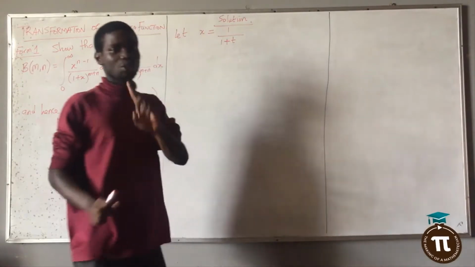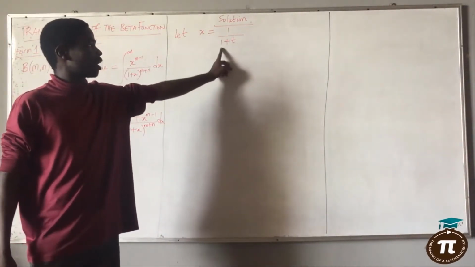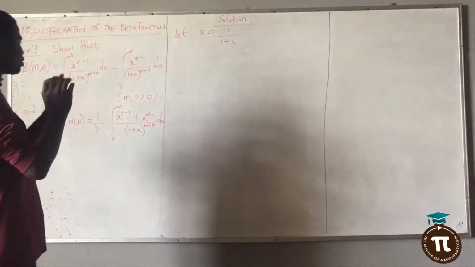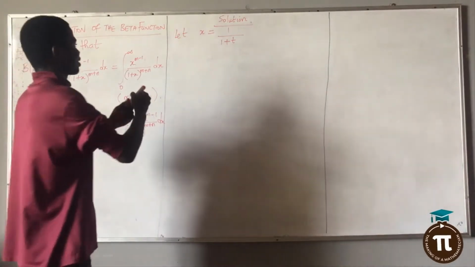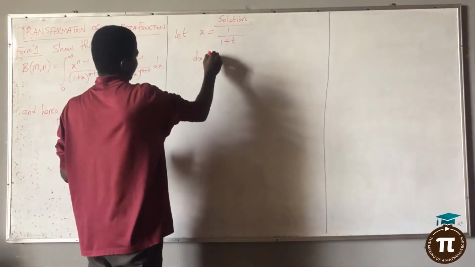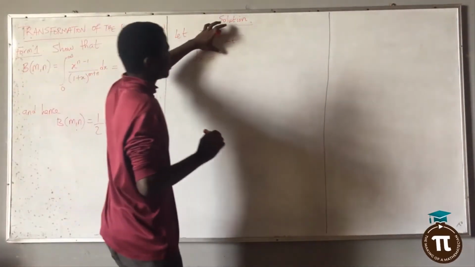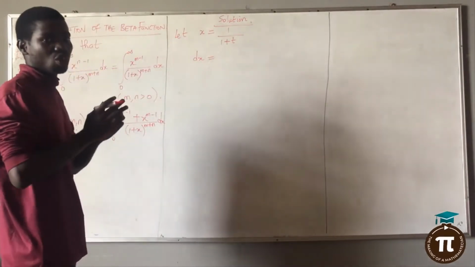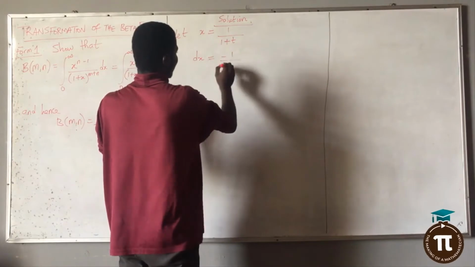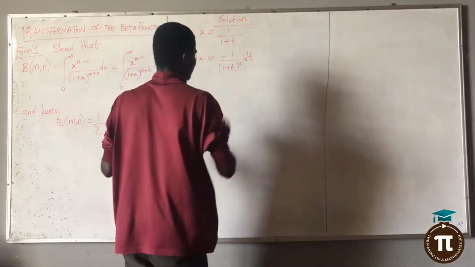Now this is the substitution we are going to be using. Let x be equal to 1 over 1 plus t. So I will differentiate this. dx is equal to, by differentiating this, the answer I'm going to obtain will be minus 1 all over 1 plus t all squared, dt.